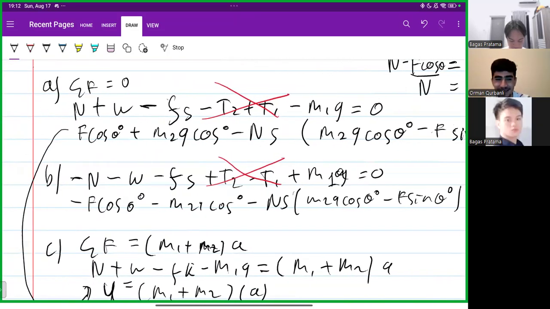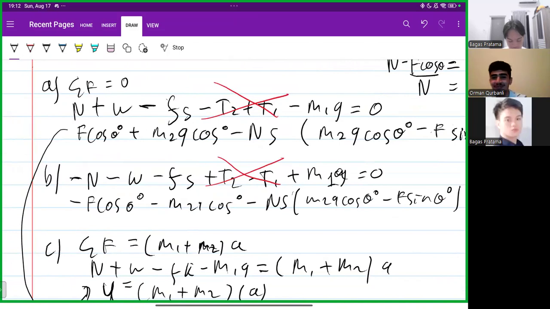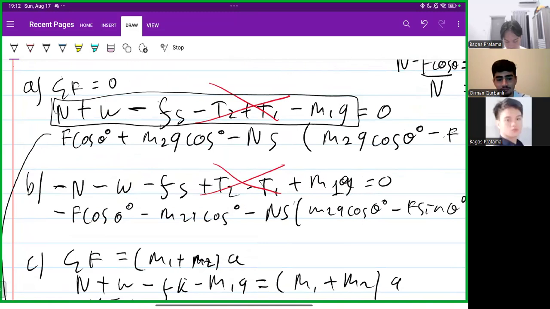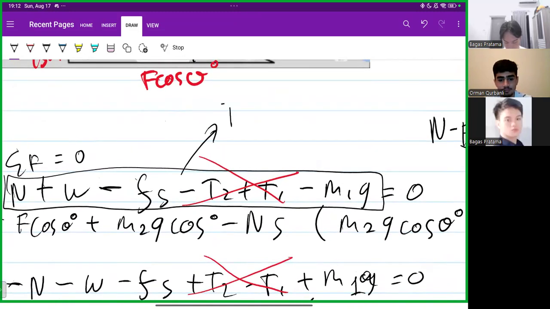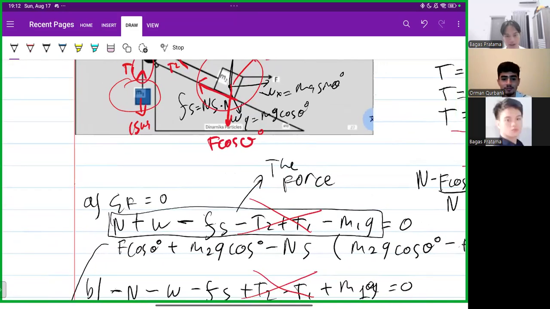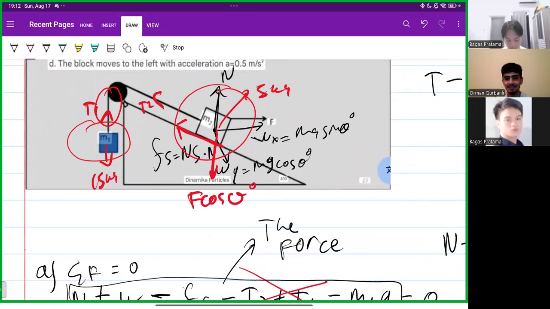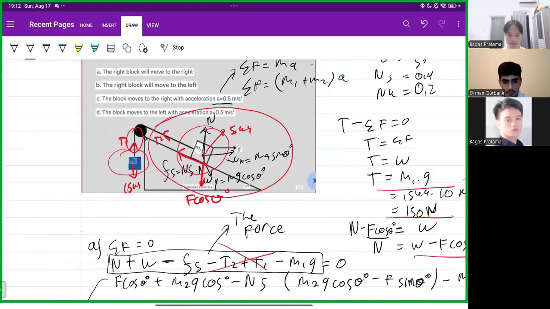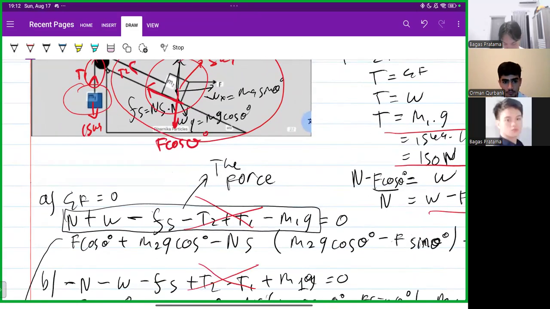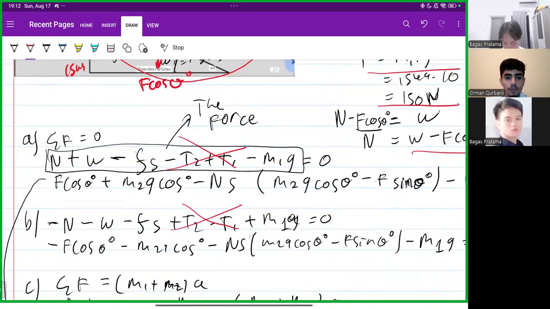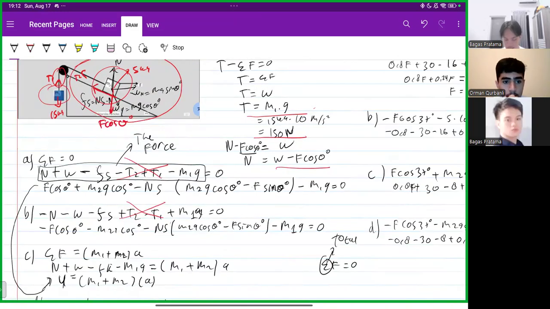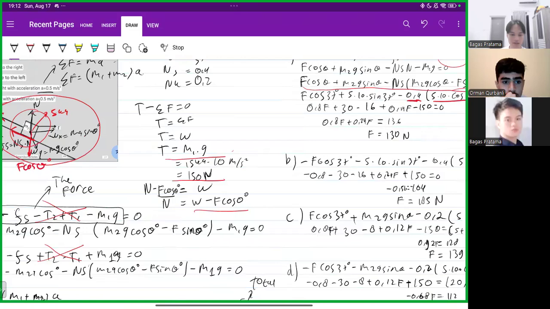This is all the total force that gives an impact to this object. So that's why I put a sigma.